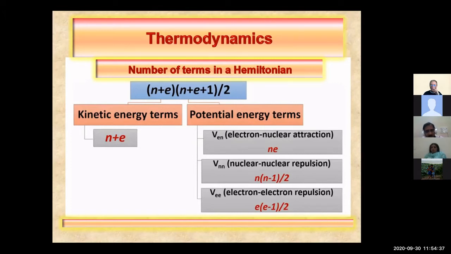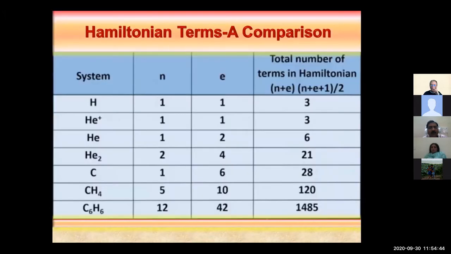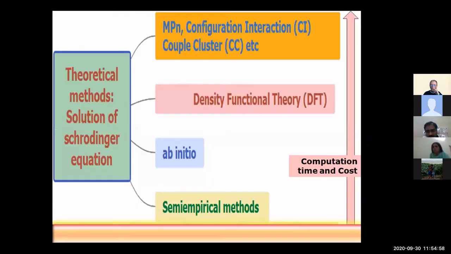So what I wish to conclude from this observation is that the number of terms which appear in the Hamiltonian rises exponentially. You can see this in the table: 3 terms for the hydrogen atom, the electronic terms I'm talking about, and in benzene it turns out to be 1485.